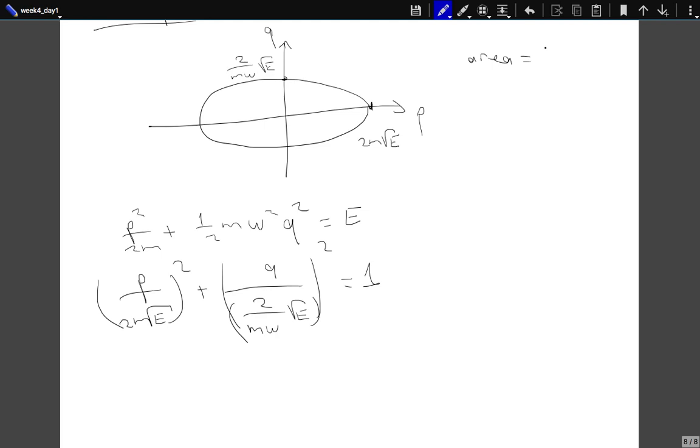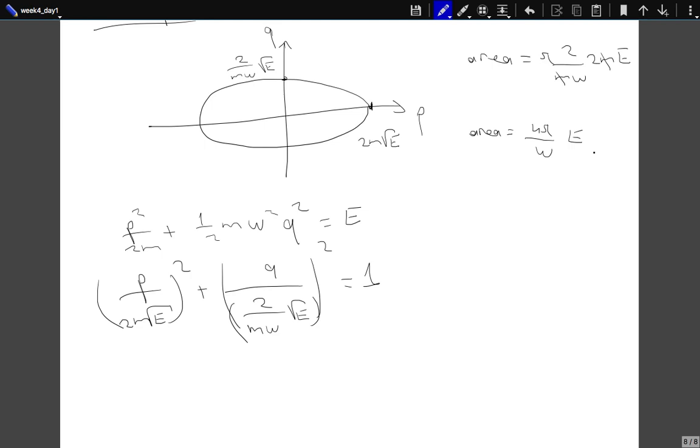Pi times the product of those two. 2 over m omega times 2mE. So the m's will cancel. This is 4 pi over omega E. We have p squared over 2m and you divide it by E, and then you take the square root.